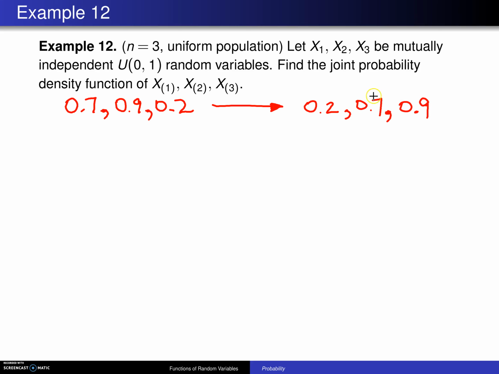By the way, this middle value here is sometimes called the sample median.